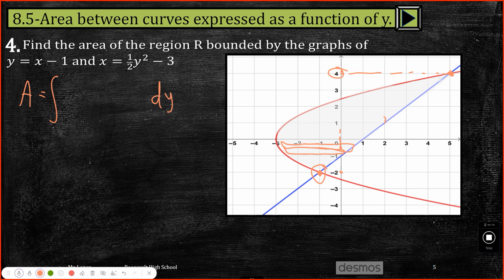How can we find this without the graph? You would want to set them equal to each other. Let's move on because there are too many other problems we have to do, and we already know it's -2 to 4 for right now. That's for sure.